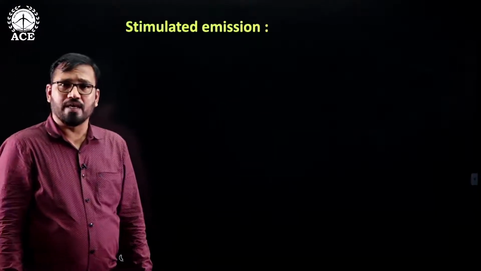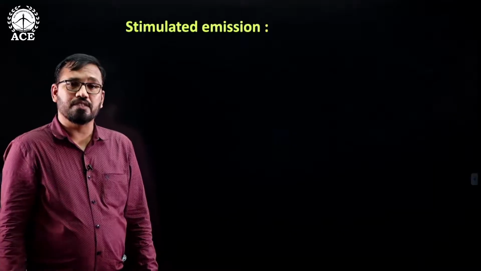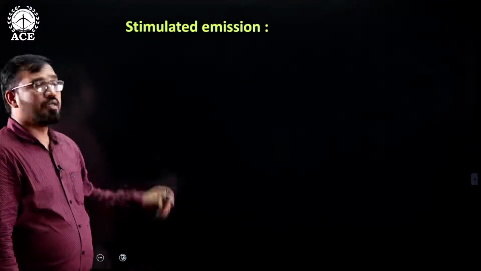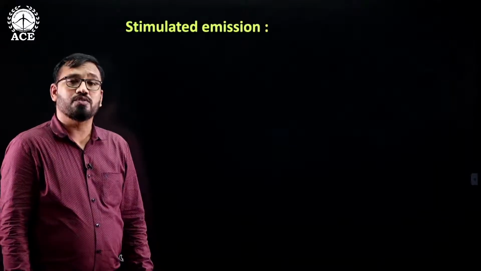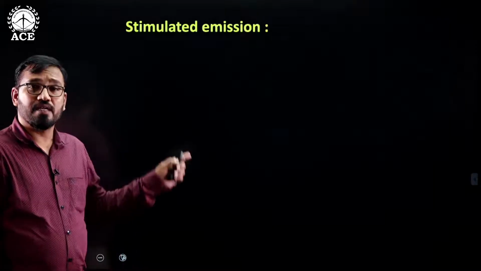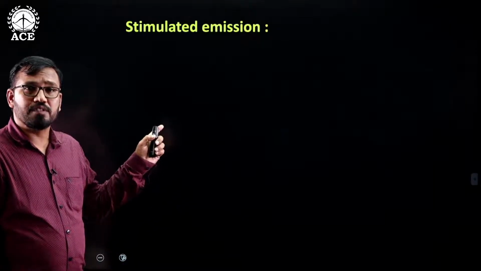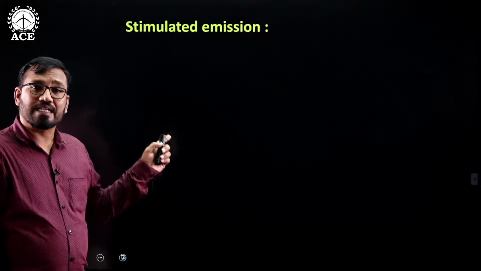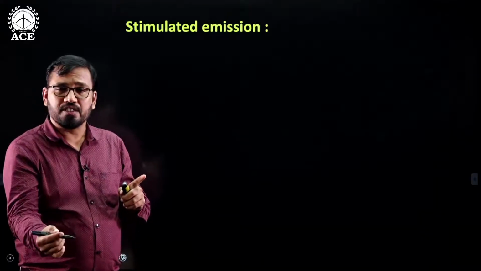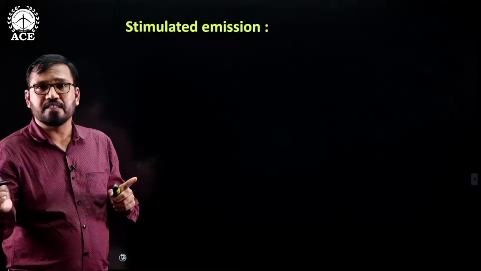As I told you earlier, my dear students, see the diagram and the statement here: stimulated emission. Once again, the term stimulated is repeated here. Stimulated means you are using some external energy. Emission means atoms are coming from a higher energy level to a lower energy level and releasing the energy.